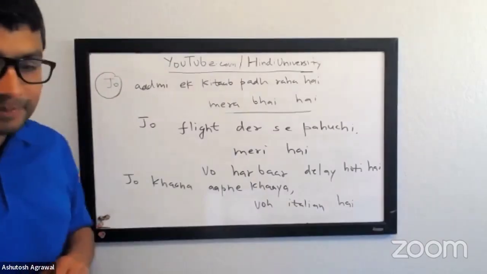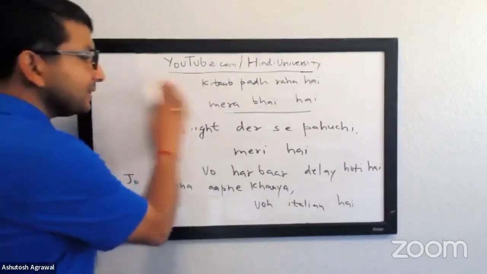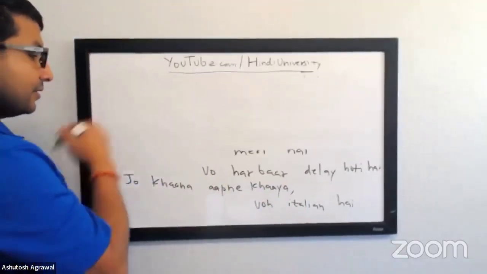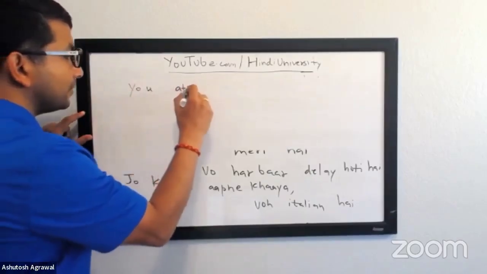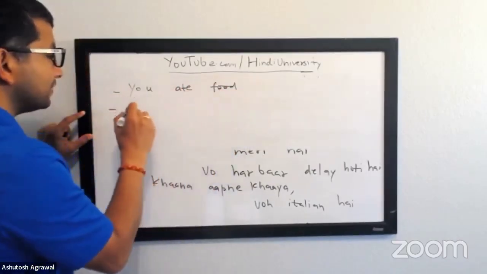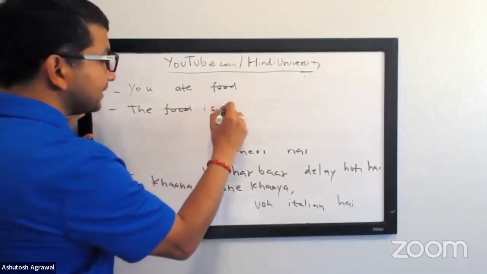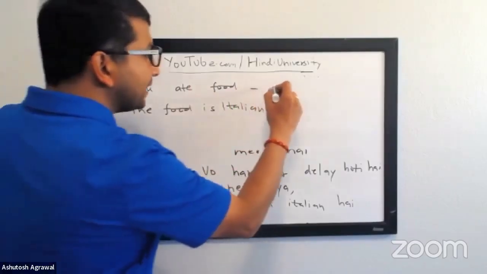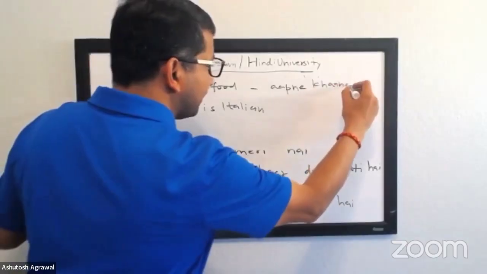ओके, जो खाना आपने खाया वो इटालियन है. Okay, it's simple as like you making two sentences. You ate food, and then the food is Italian. आपने खाना खाया.